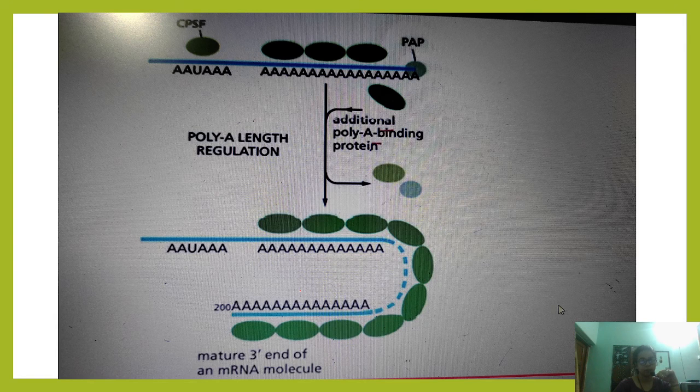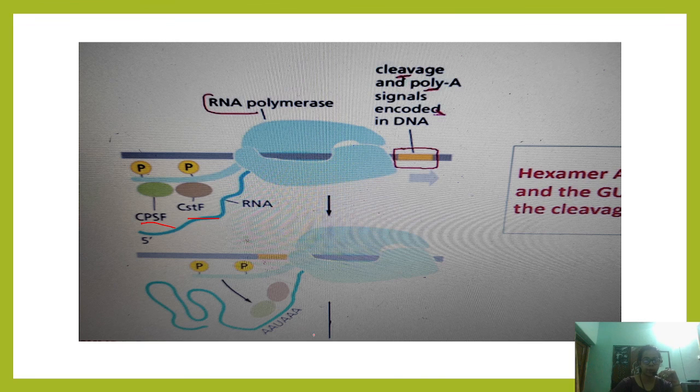Okay, you can see here the CPSF, I have already told you, will bind to the AAUAAA sequence, and then the PAP protein will add the adenine nucleotides, and with the addition of poly A binding protein, the poly A polymerase will regulate the length. Okay, how much length of the tail will be formed, it will regulate, and the mature mRNA will be seen like this.